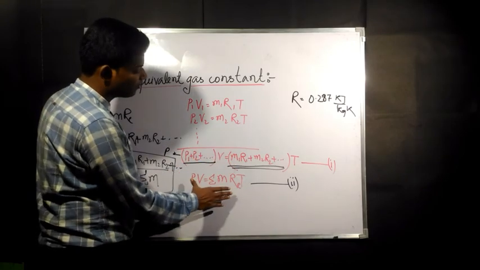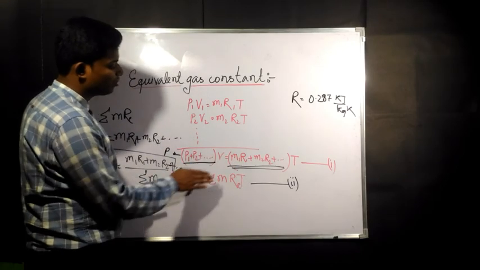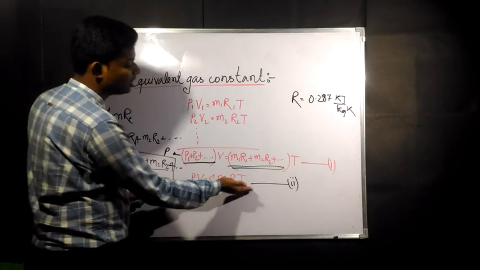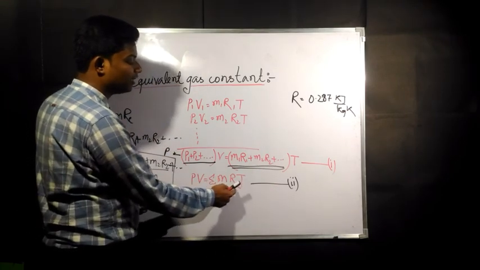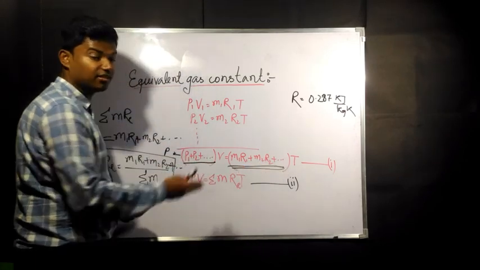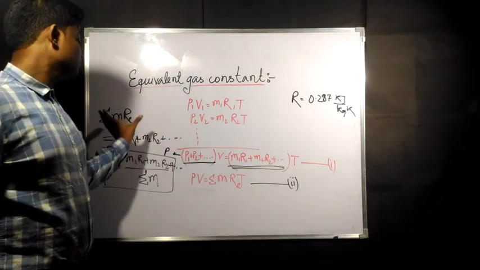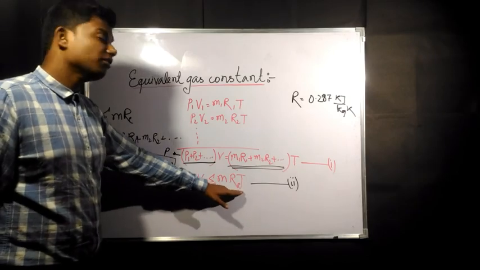After that we compared both equations. PV is the same, T is the same. The only different thing is the summation of m into R equivalent and these additions. If we equate them, we can easily get the value of R equivalent.